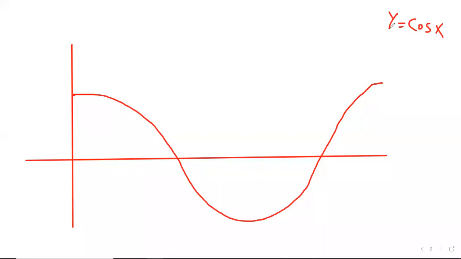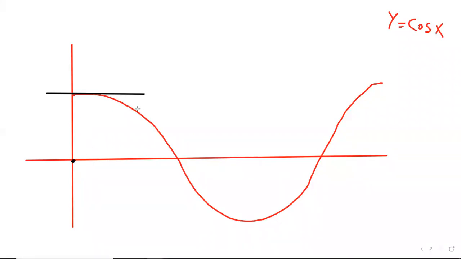Here in this function, y equals cosine x, and I want to find the derivative of this function. So let's draw some tangents along the way of the function. Here, if we draw a line here, you will find the tangent is parallel to the x-axis, so the derivative is 0.